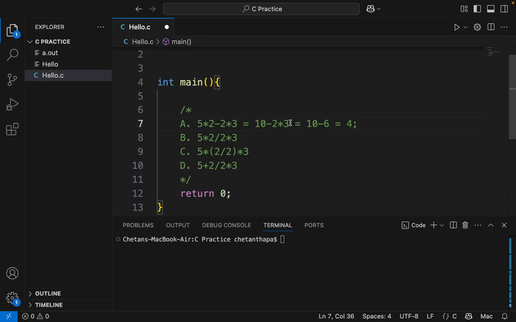This is how precedence takes place, and the same happens in the code also.